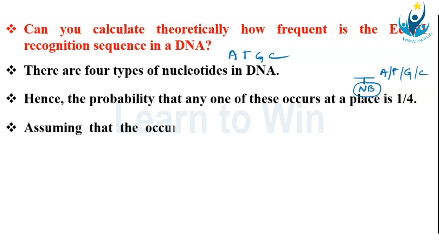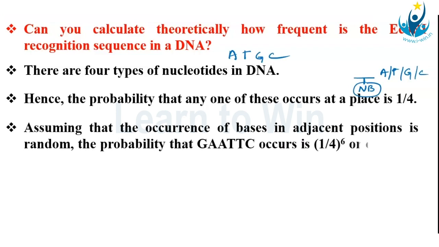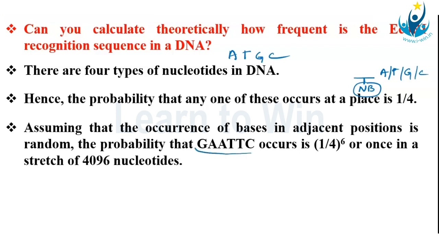Correct? Now, assuming that the occurrence of the bases in adjacent positions is random, what is the probability that you get GAATTC? This is the recognition site for EcoRI. The probability of one nitrogen base is 1/4.